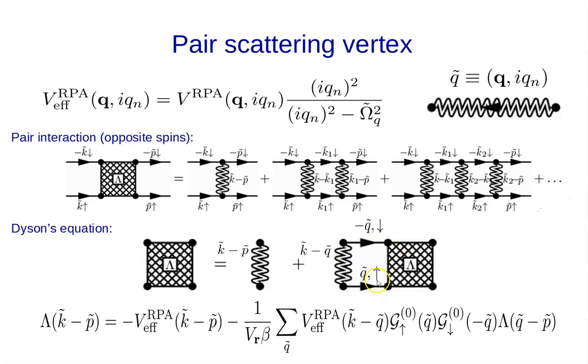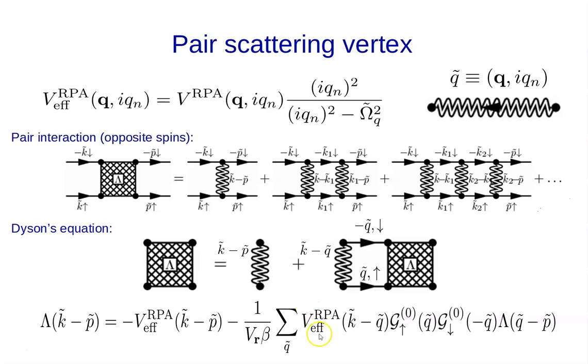So there are these two other free propagating lines, three fermionic propagating lines that propagate from this point with a momentum q, and this one propagates with a momentum minus q, or propagating this way with a momentum q if you want, but they have opposite spins. And so this is a Dyson's equation for lambda that we could in principle solve, since we know the expressions for this, which we derived just now, and we know the expressions for these propagators, so we could in principle solve that.